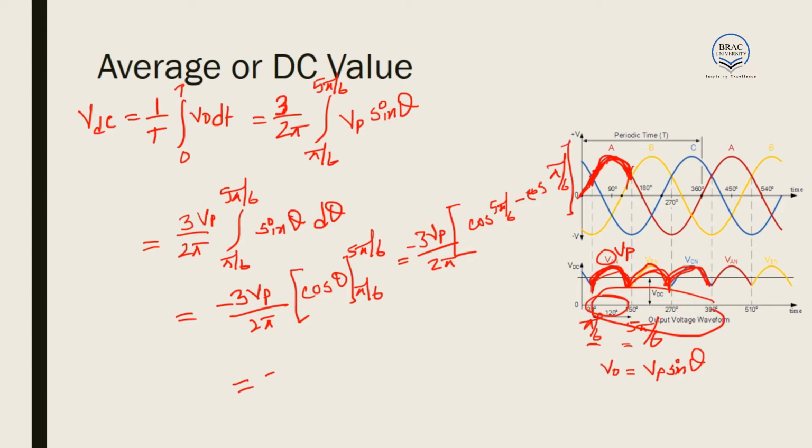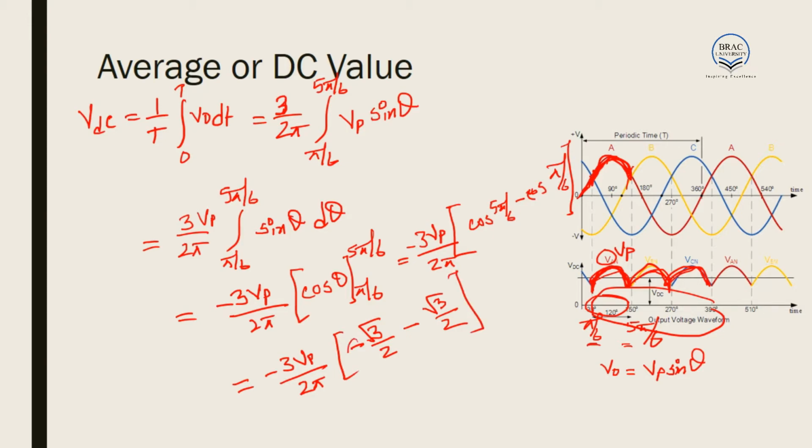Now cos 5 pi by 6, that is cos 150 degree, is equal to minus root 3 by 2. Again, cos 30 degree is root 3 by 2. So minus root 3 by 2 minus root 3 by 2.